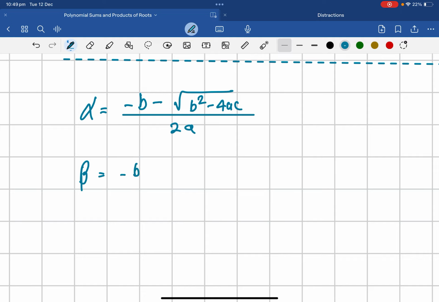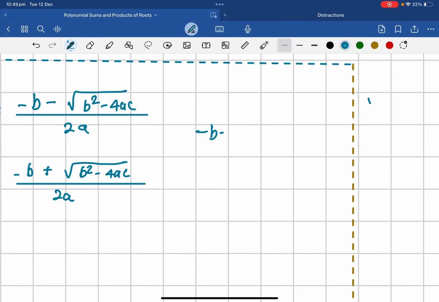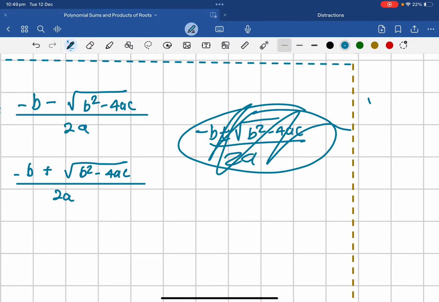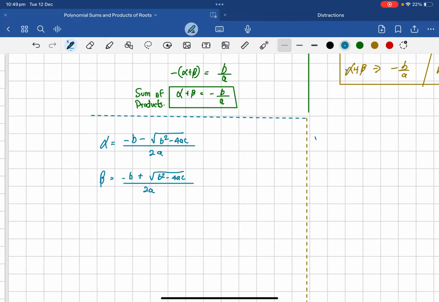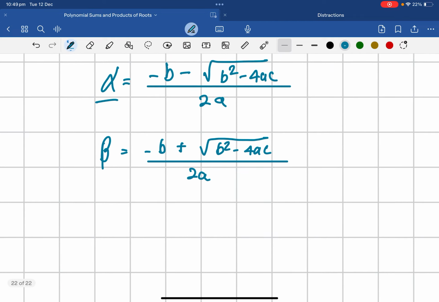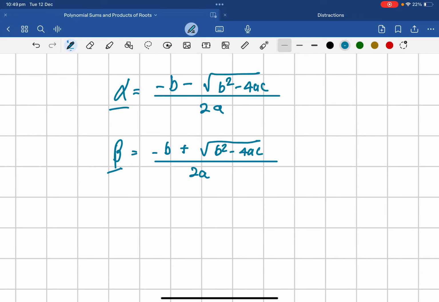So beta is minus b plus root b squared minus 4ac over 2a. You know this from your quadratic formula, which is minus b plus minus root b squared minus 4ac over 2a, right? Simple. So we know our alpha and we know our beta.